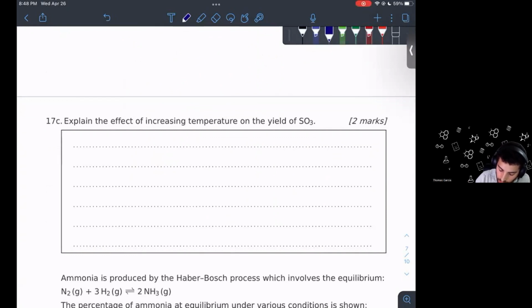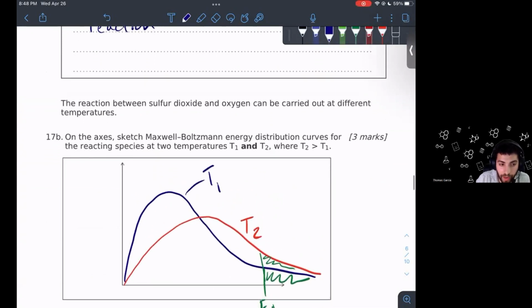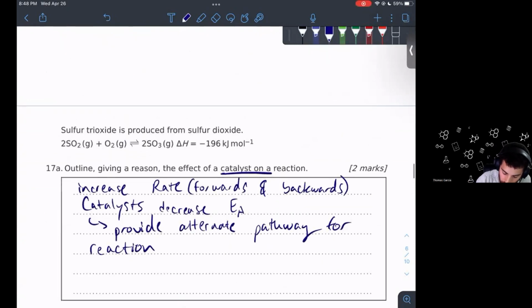Okay, so let's talk about this. Explain the effect of increasing the temperature on the yield of SO3. Well, if we look back at our reaction, oh, we do have a reaction. It's up here. If we're trying to increase the yield of SO3, we have an exothermic reaction.